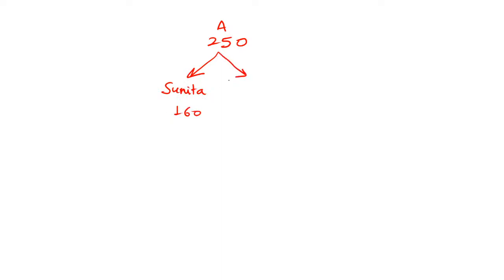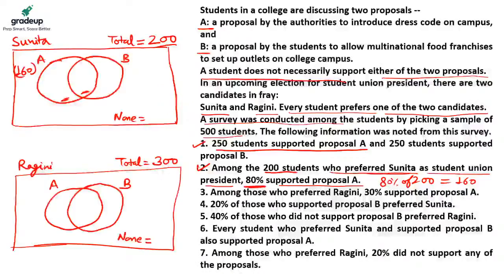And the rest prefer Ragini. How many? 250 minus 160, in other words, 90. So out of 250 students who supported A, 160 prefer Sunita and the rest, 90, prefer Ragini. So let's go back and put 90 here.